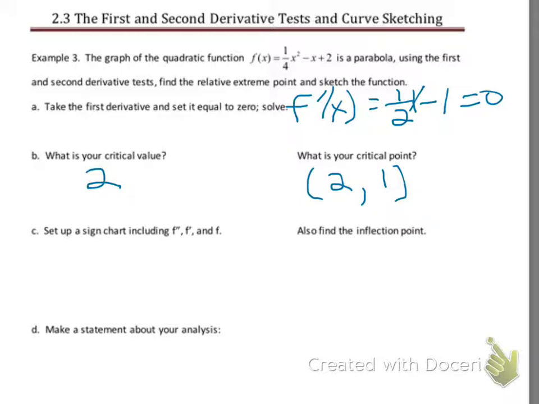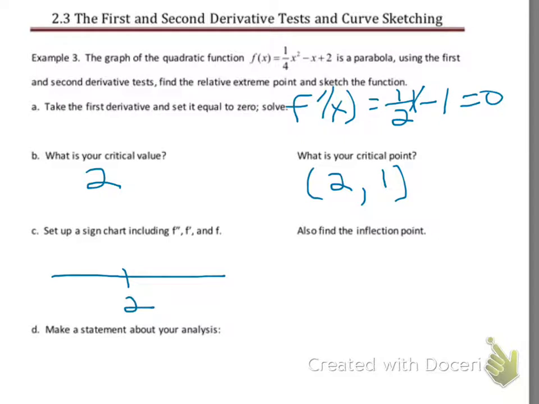So I'm going to do 2 sign charts. One will be for evaluating the first derivative test, and the second one will be for evaluating the second derivative test. So my first derivative test sign chart looks like this. Get your critical value.